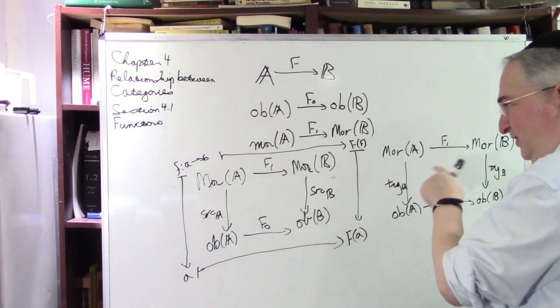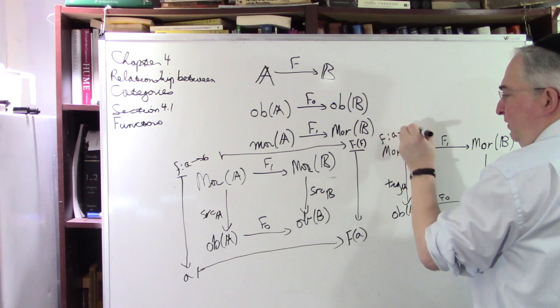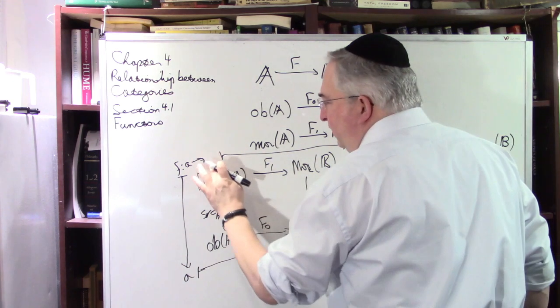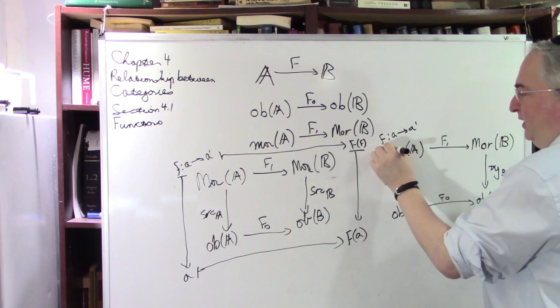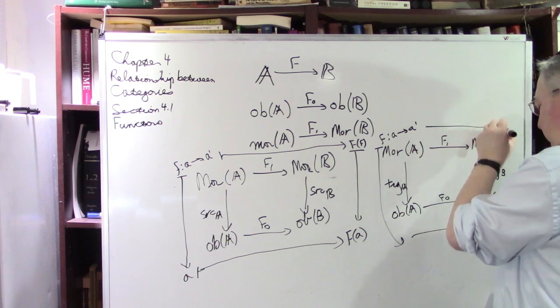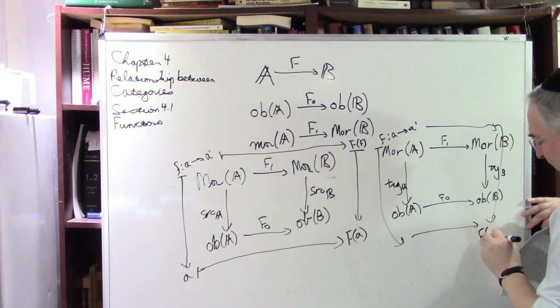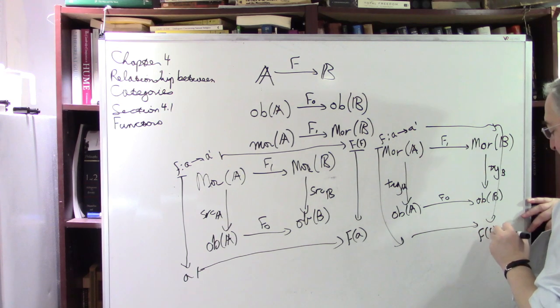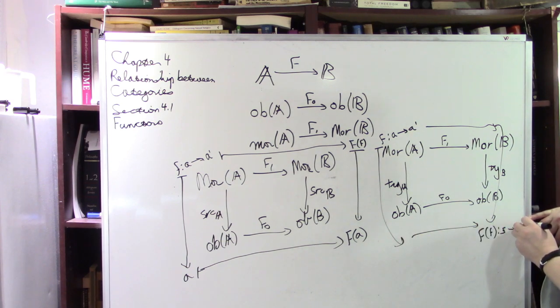Now we have the same thing here, and you have little f going from A to A prime. I shouldn't have done B, I should have done A prime. And this goes around like this, and like this, and basically what we get from that is that F of little f goes to, well, we said where it comes from here, but it goes to F of little a prime.